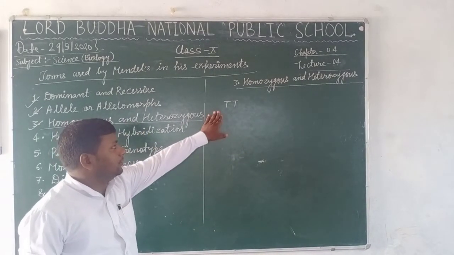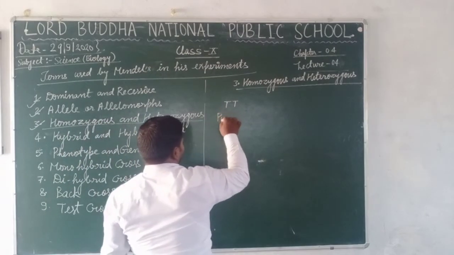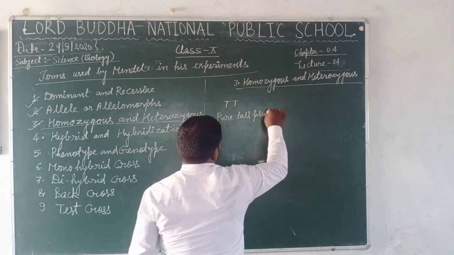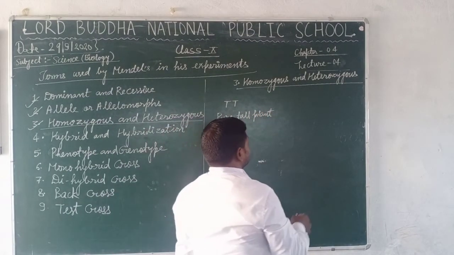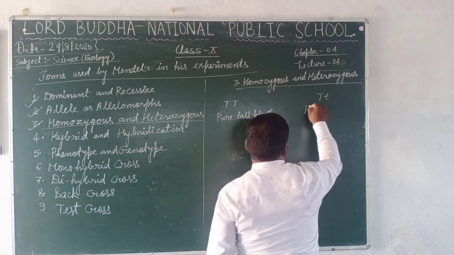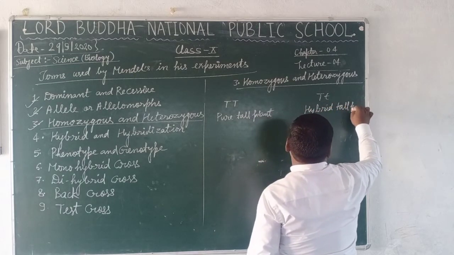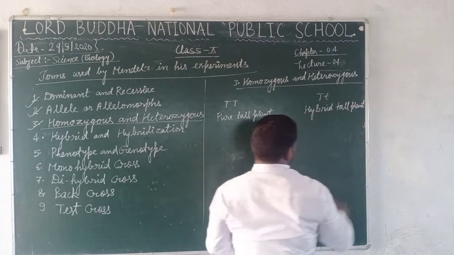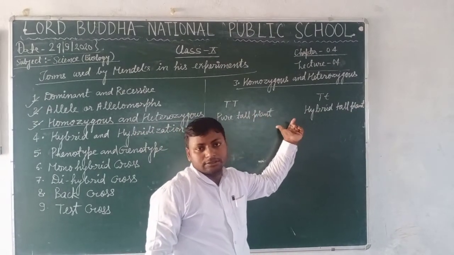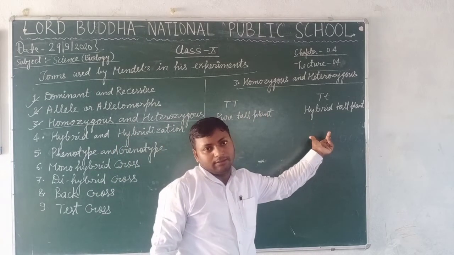For example, capital T capital T represents a pure tall plant, whereas capital T small t is a hybrid tall plant. Both characteristics belong to the stem length or height of the plant.